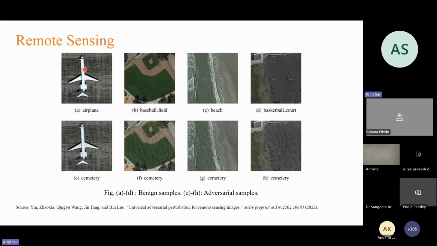So here you can see this is an airplane, but every time this is a baseball field, this is a beach, this is a basketball court. If we do this kind of attack, this is classified as symmetry. You can see this kind of problem happen.